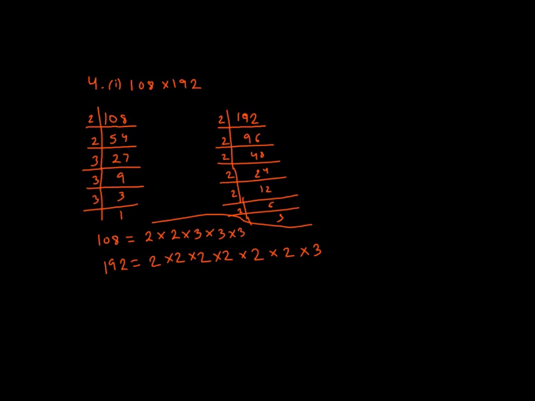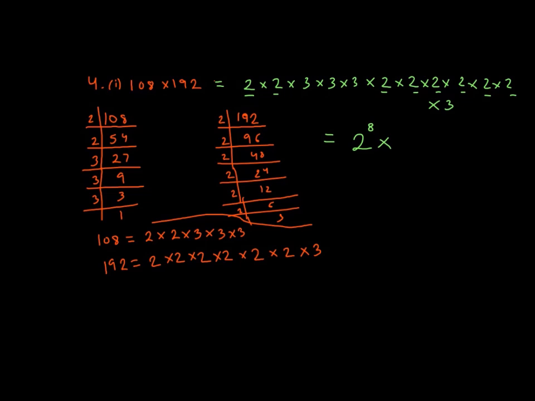The product of 108 and 192 will be written as, so there are a total of 8 2's in this. 8 2's are getting multiplied, which will be written in exponential form as 2 raised to power 8 using the laws of exponents.